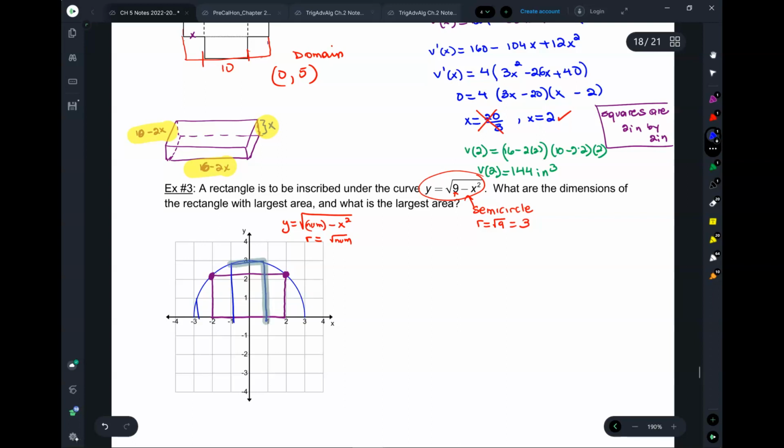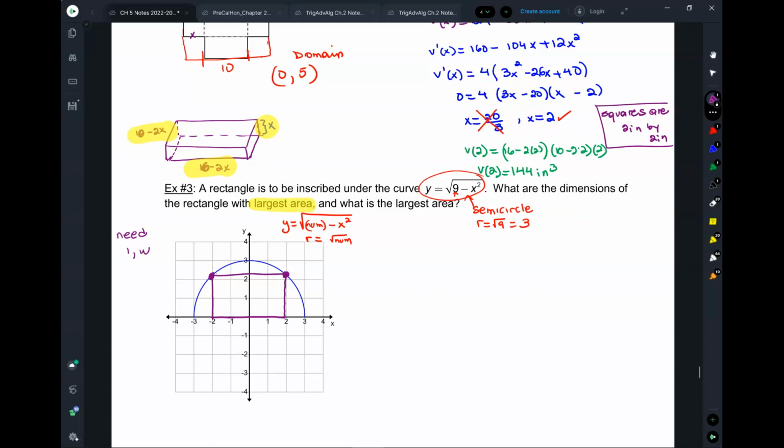The question is asking, what should be the dimensions of the rectangle with the largest area? So what are we looking for? We need the dimensions, length and width, in order for the area to be a maximum.